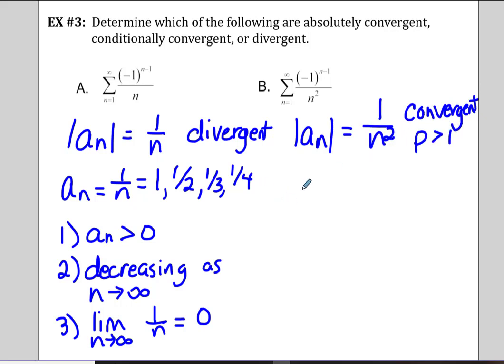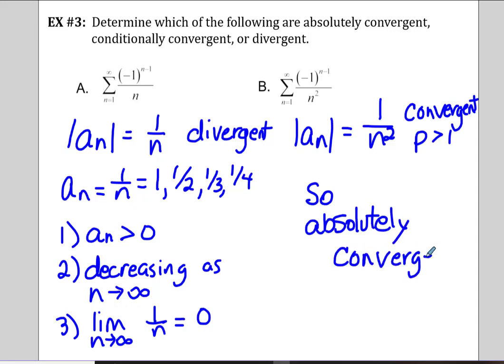Our p is 2, so this one would be absolutely convergent by our definition. And you could walk through the steps. It meets the conditions: a sub n is positive, our terms are decreasing, and the limit approaches 0.